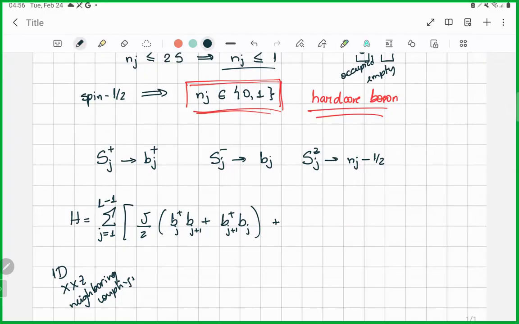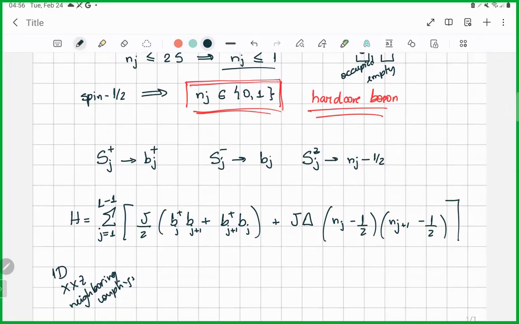And the contribution from the ZZ term, what we call the Ising interaction, involves the number operators now, of neighbors as well. Okay, so this becomes our Hamiltonian.